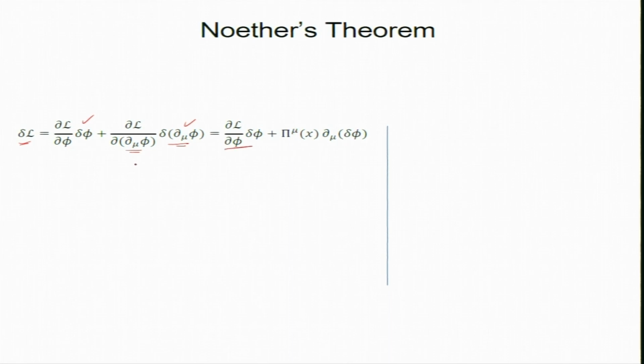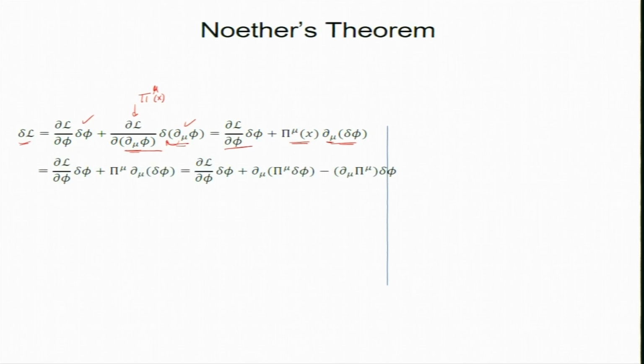The second part, this is π^μ(x), the definition of the momentum density. I basically commute the derivative with delta, which is allowed. So, the change in the derivative of delta phi.